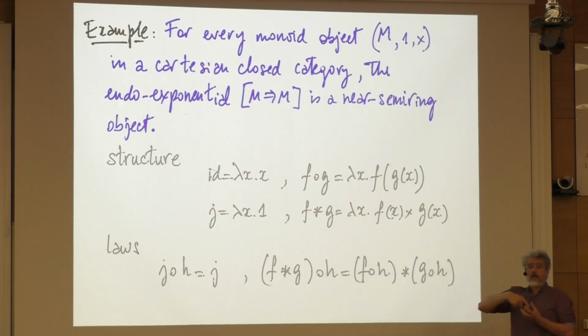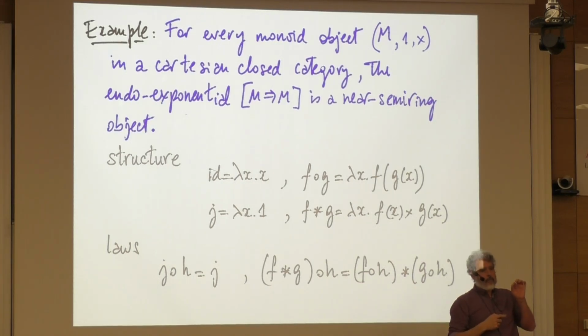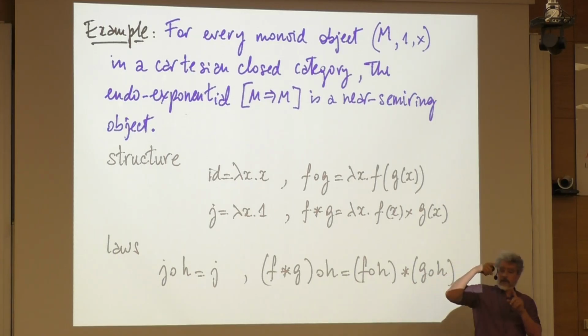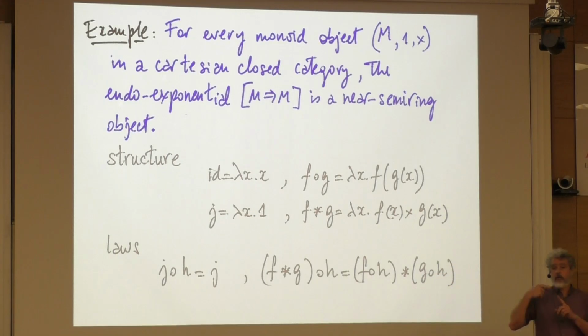Now look at the endo-hom from M to M. This is not the endo-hom of monoid homomorphisms, it's the full hom. Because you take the full hom, you now have two monoid structures on this: the composition structure, but also the pointwise monoid structure that you get from your monoid.